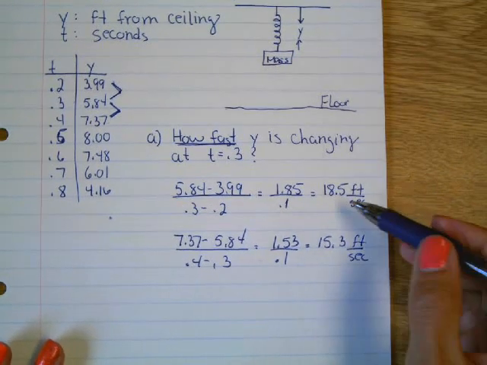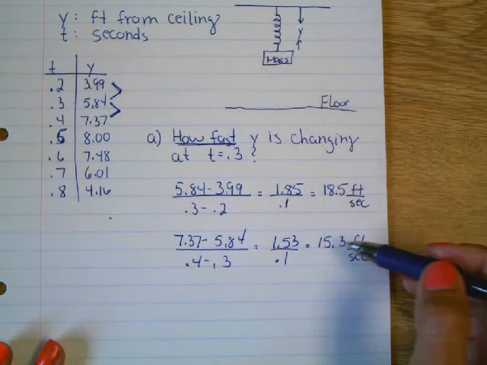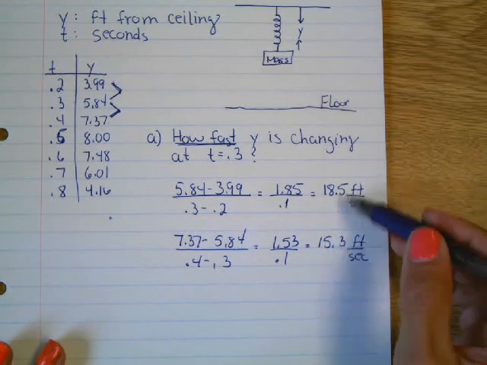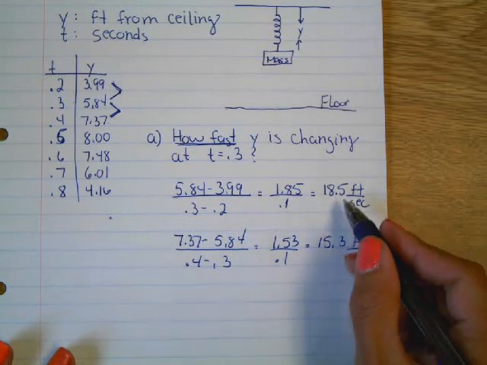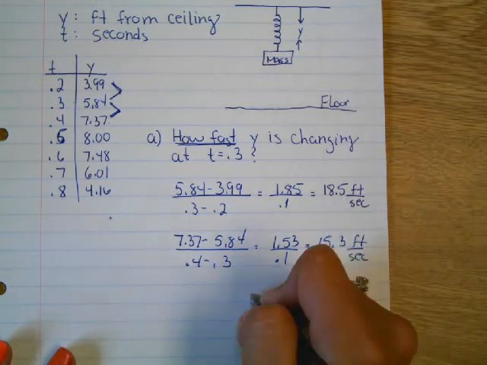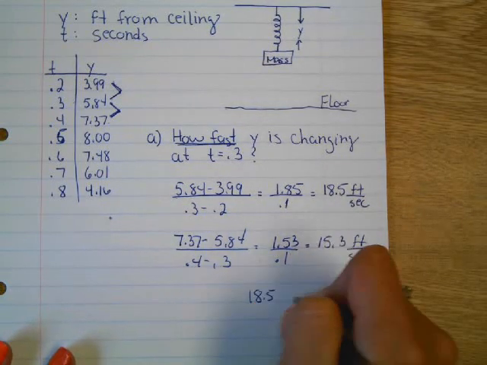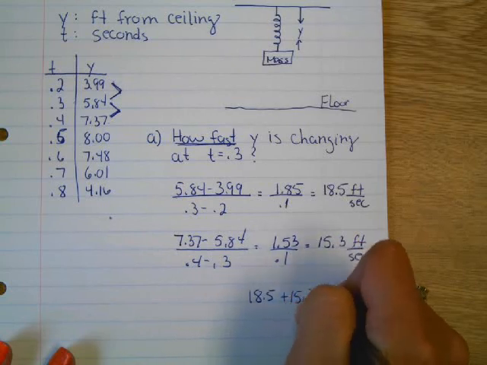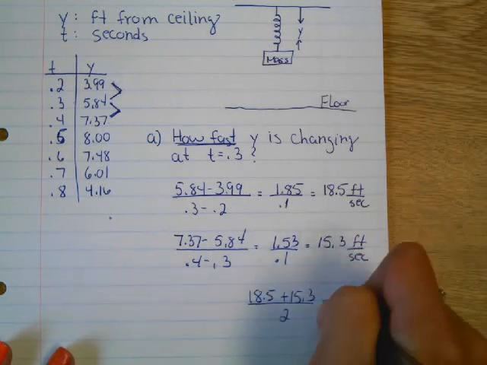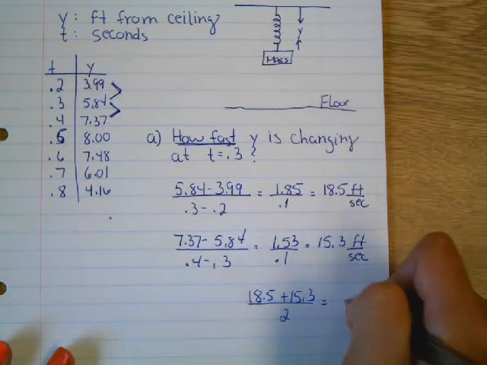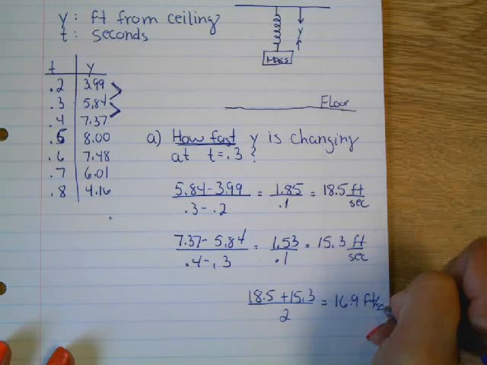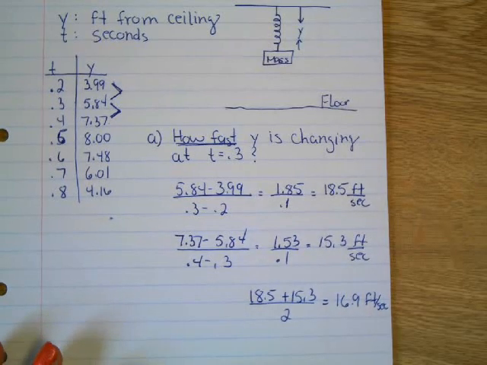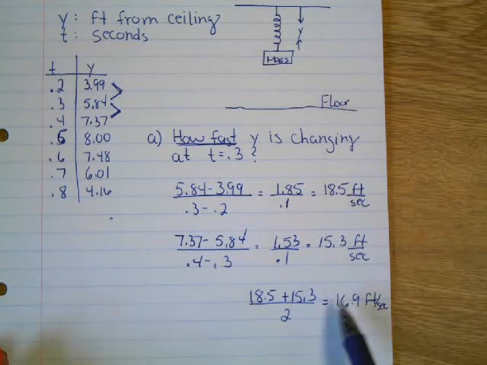Okay, and now I know what's happening as it comes up to the 0.3 and right after the 0.3. Now I'm going to average those two together to see what's happening as I pass through the 0.3. So averaging is just add these up and divide by 2. So 18.5 plus the 15.3 averaged together is 16.9 feet per second, the rate at which y is changing at 0.3, an estimate for it anyway.